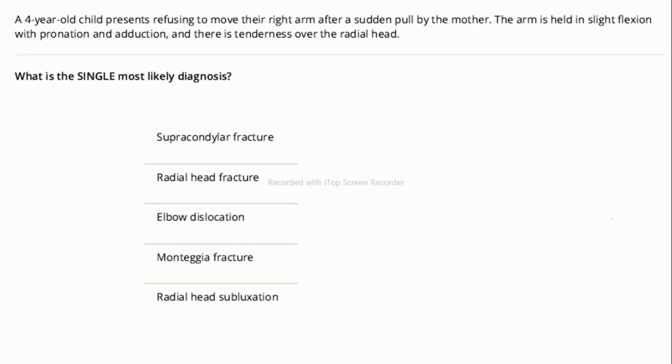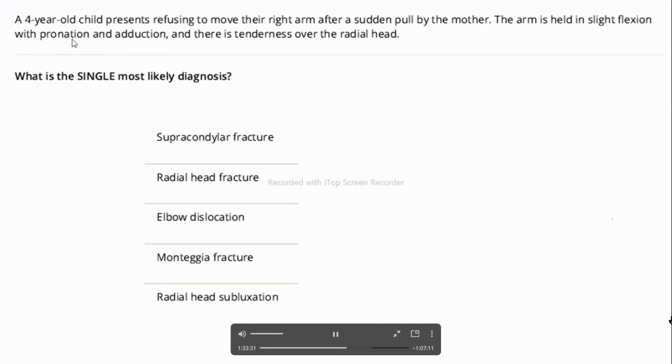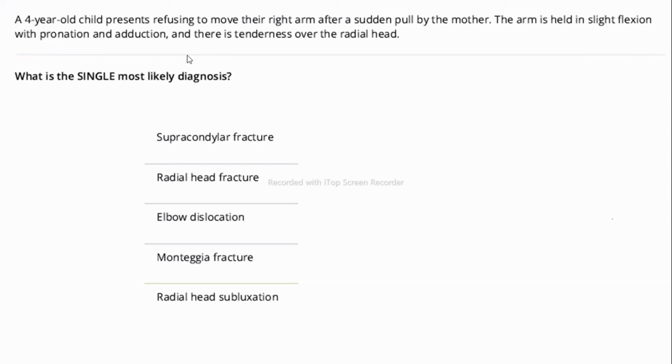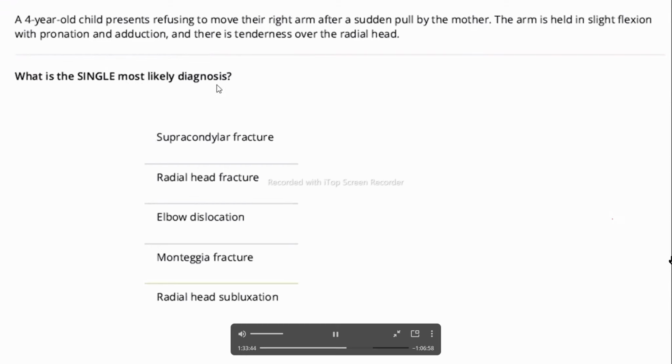So if they ask you about inspection, it means slight flexion, pronation, adduction. And if they ask how to confirm that, you can check tenderness over which bone? Radial head. What is the single most likely diagnosis? Radial head subluxation. Excellent.